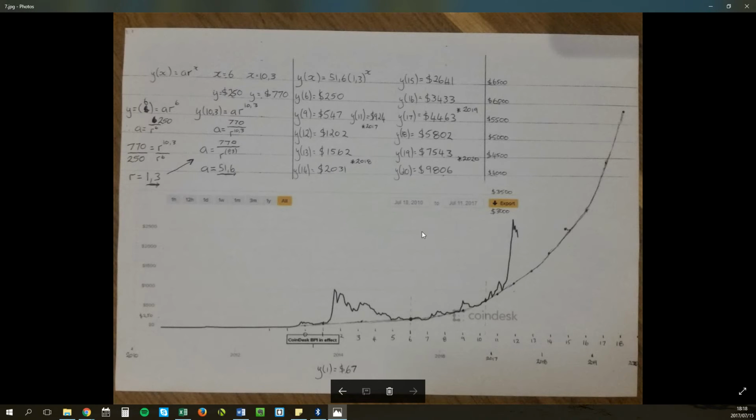So overall, what this trend line actually brings to mind is that with any new technology, you've obviously got the startup adoption curve.